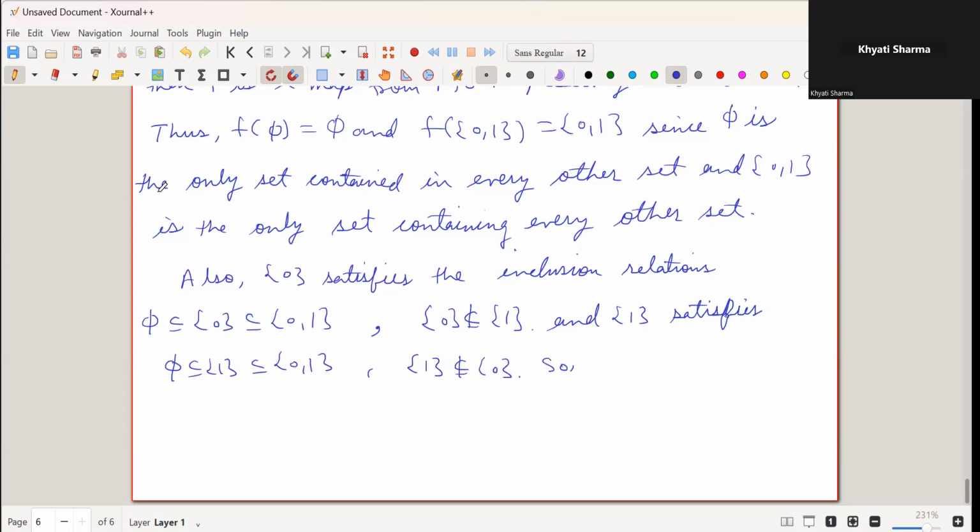So either we can fix {0} and {1} under f, or we can interchange them.